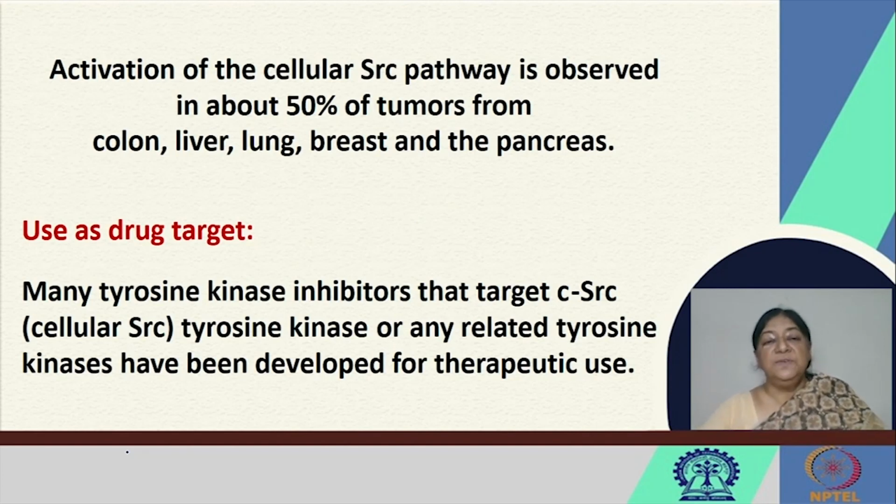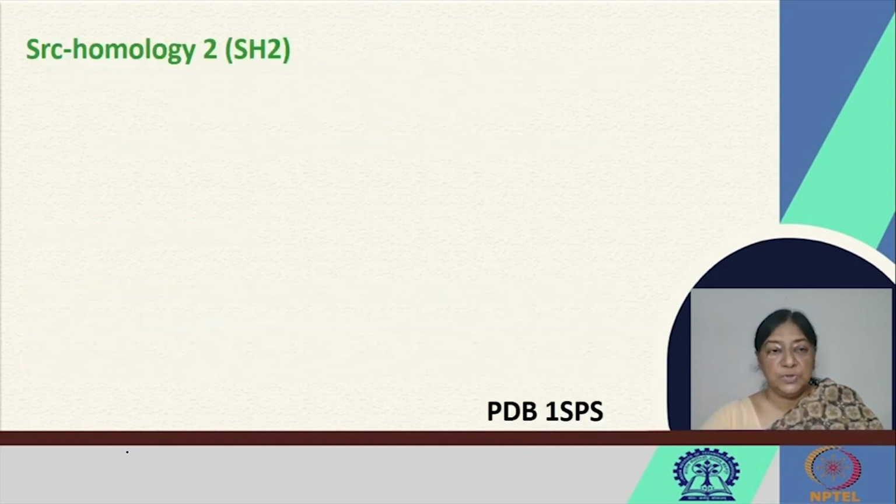The activation of this cellular Src pathway is observed in many tumors. As such, it is used as a drug target. Many tyrosine kinase inhibitors that target the cellular Src tyrosine kinase or any related tyrosine kinases have been developed for therapeutic use.